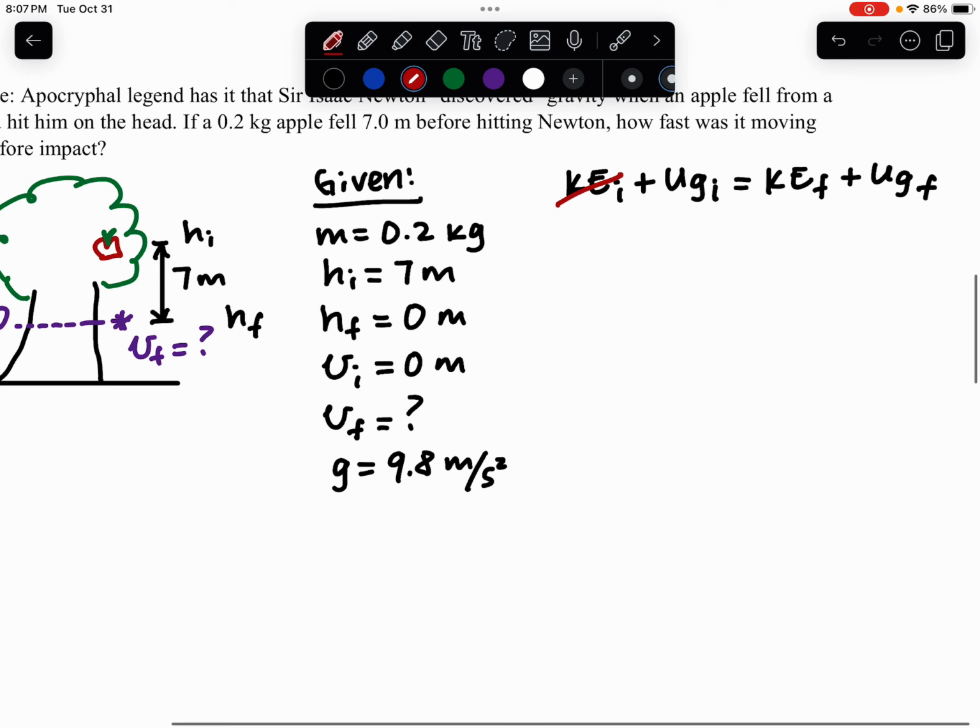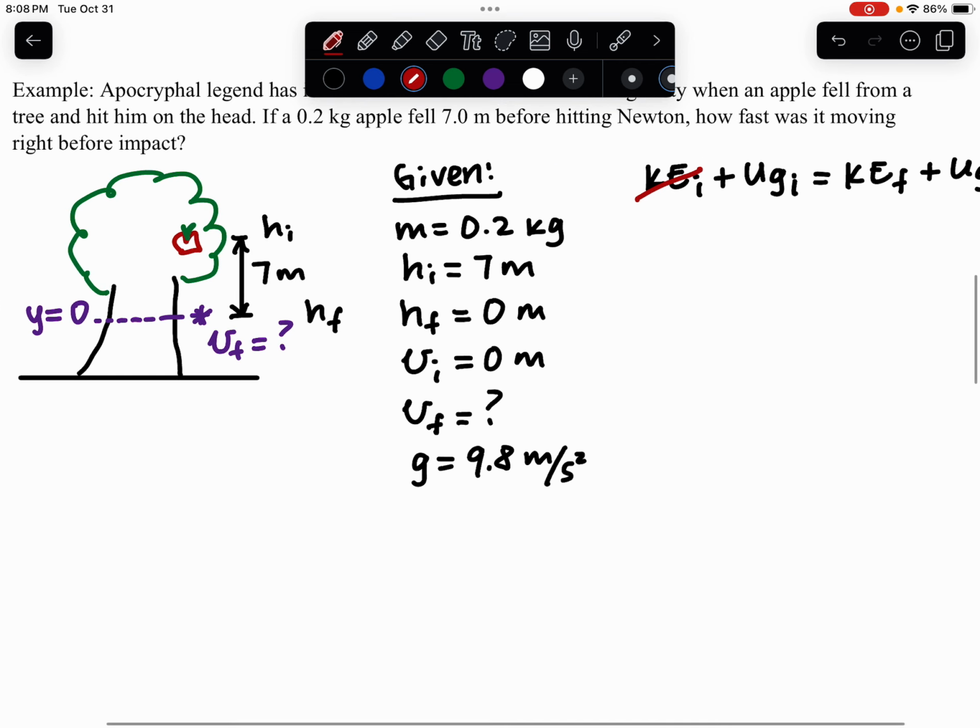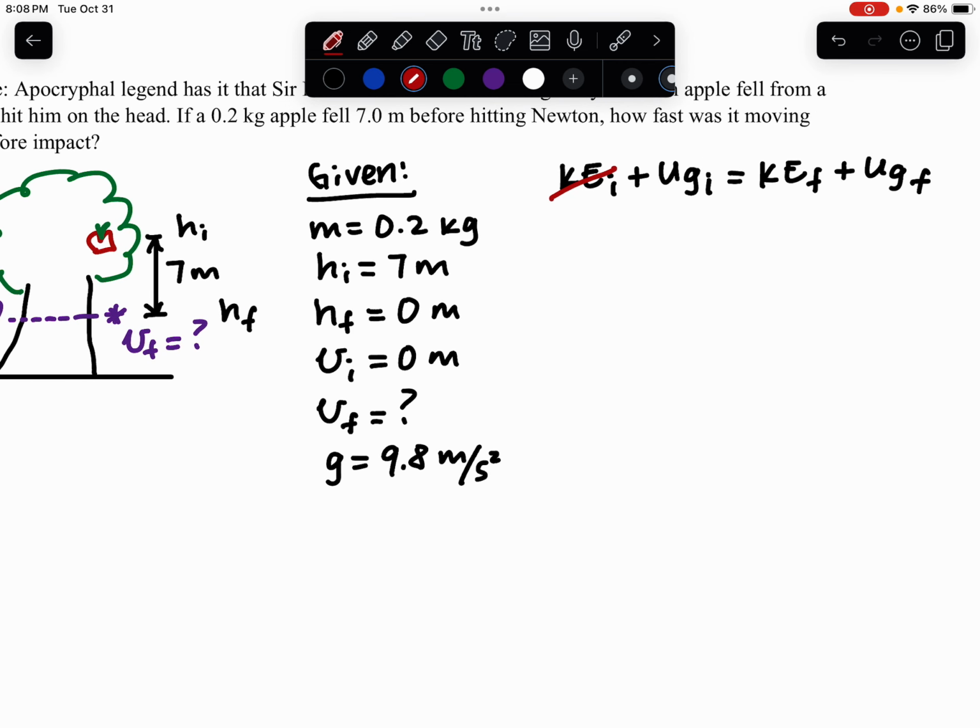Then it reached the zero line, which means the final height is 0. That implies there's no final potential energy. So all the gravitational potential energy will become kinetic energy. If we wanted to find the kinetic energy of the apple right before it hit Newton, we could just find the initial gravitational potential energy, and it would be the same amount because we're ignoring air resistance.